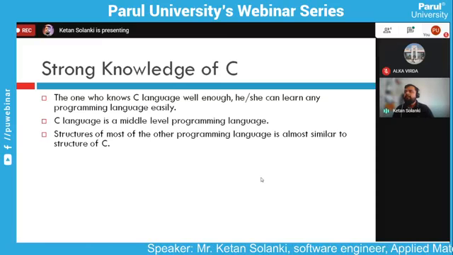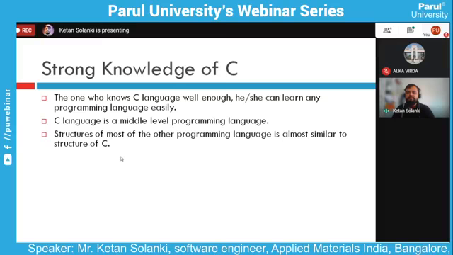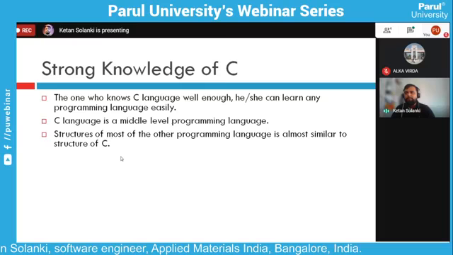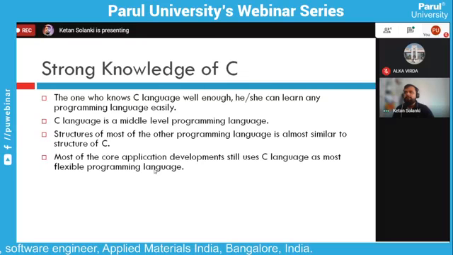And as it is structured programming, whatever structure C follows is almost similar for all other programming languages. For this purpose also we should know C in depth.